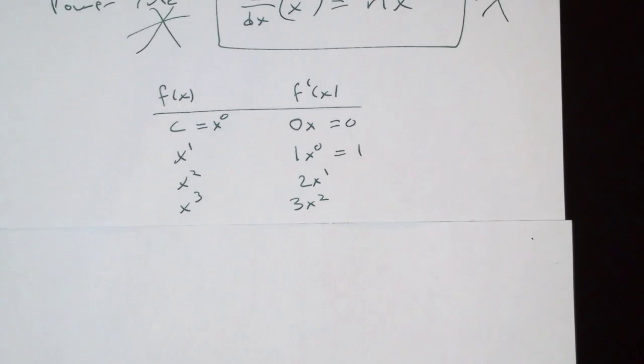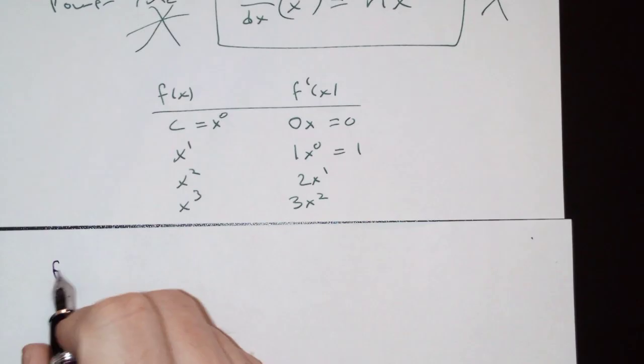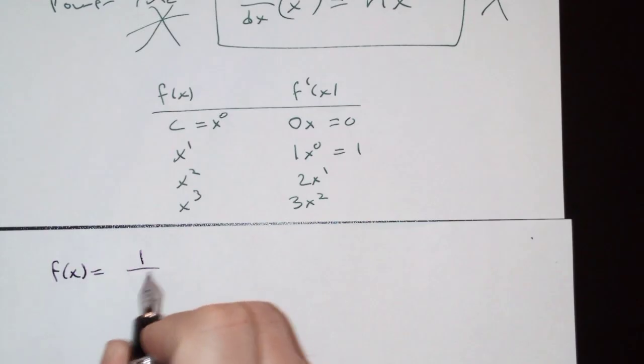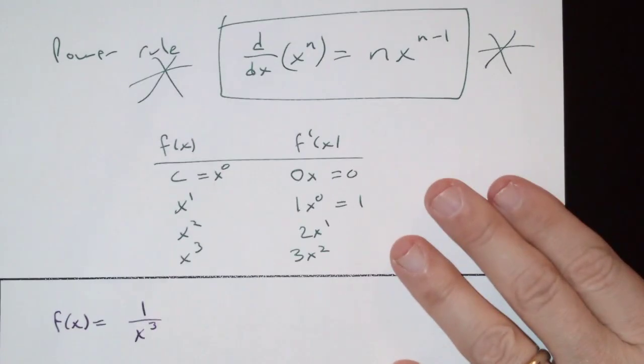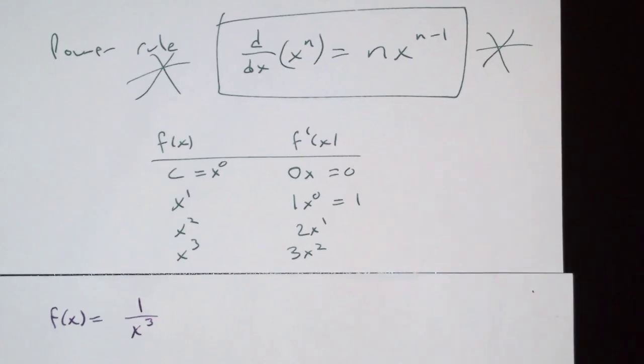My favorite thing about this is that it works for any power of x. The only caveat, the only thing I must be absolutely sure of, is that I am taking the derivative of something of the form x to a power.